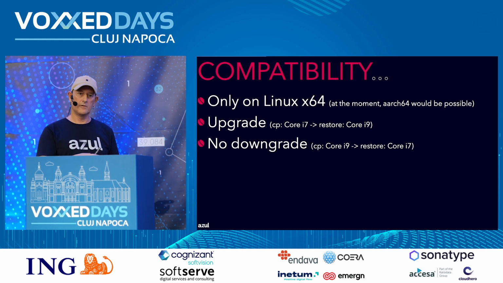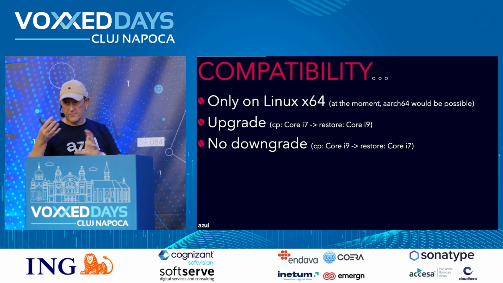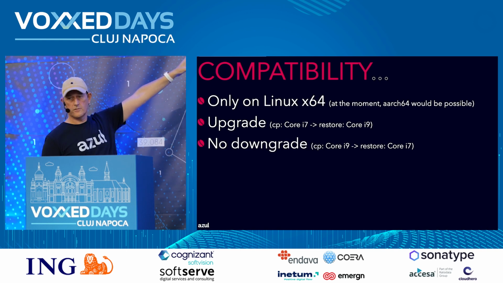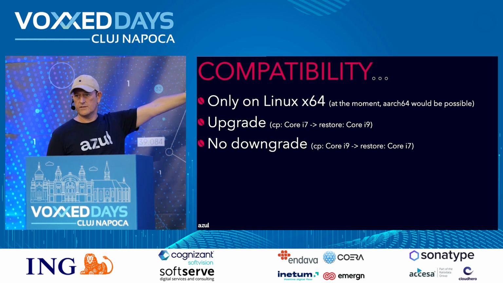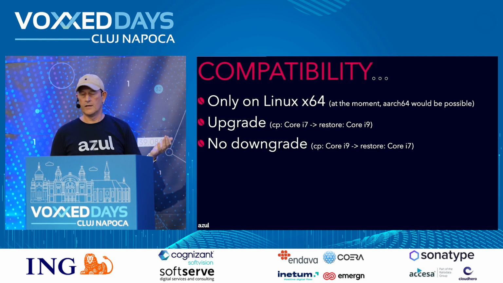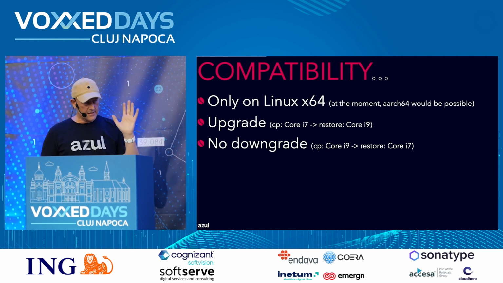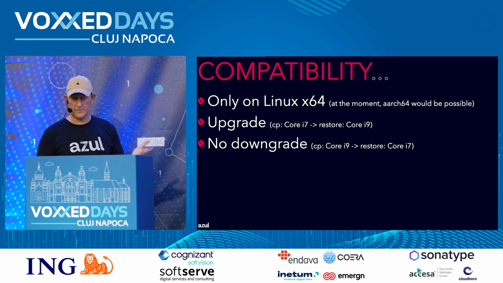If the CPU architecture offers some specific things that make it better, then the JVM will use that. That means code optimized for the Core i9 won't work on the Core i7, but the other way around works. But we will also work around that. There is an idea to make sure that even downgrading will work. At the moment, it doesn't.